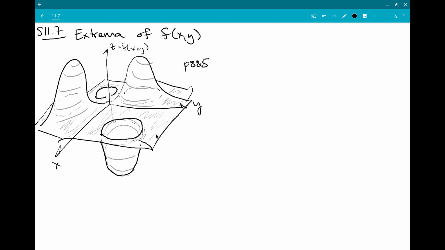I tried to shade that in so you could see that the surface exists everywhere. It's just that the distinguishing features are these high points and low points. And this one back here is also the same as this pit up here, just harder to draw with the perspective. The reason I drew this is because it has a lot of examples of extrema, which is going to help us learn what these things are.